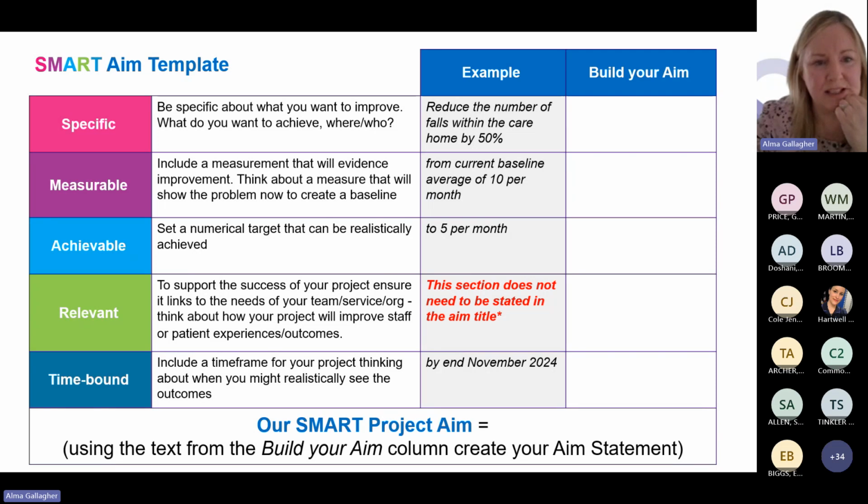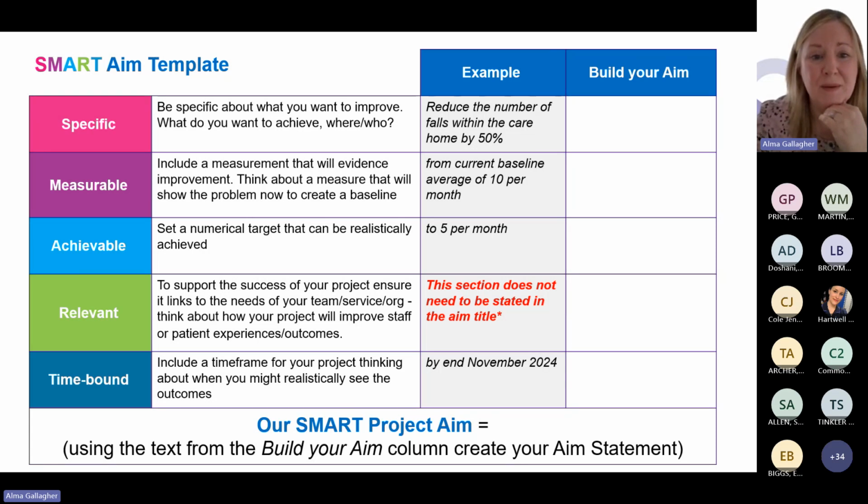It's relevant. The relevance doesn't need to be stated in your aim statement, but it's one of those levers that I mentioned about whether it's your team or organizational aim or ambition. So think about engaging and improving staff or patient experiences or outcomes. That could be a really strong lever.